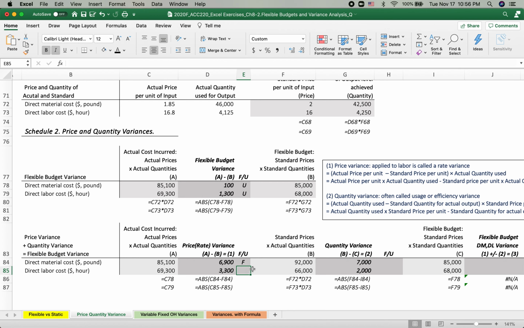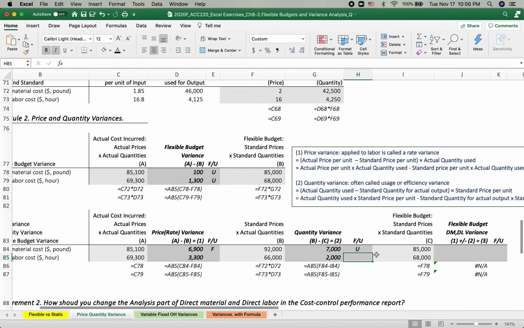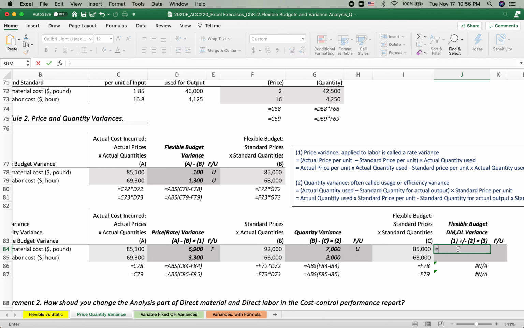And then how about the quantity variances in the direct material cost? Quantity in pounds is unfavorable. That means that again, the company now uses very cheap materials and then uses a lot of this cheap direct material. And then we have the favorable, which is bigger. Okay, the unfavorable is bigger.